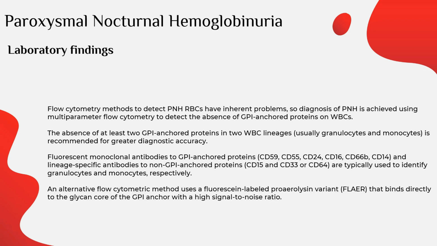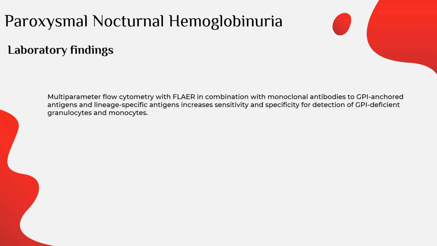An alternative flow cytometric method uses a fluorescein-labeled proaerolysin variant, FLAER, that binds directly to the glycan core of the GPI anchor with a high signal-to-noise ratio. The absence of binding on granulocytes and/or monocytes indicates GPI deficiency. Multiparameter flow cytometry with FLAER in combination with monoclonal antibodies to GPI-anchored antigens and lineage-specific antigens increases sensitivity and specificity for detection of GPI-deficient granulocytes and monocytes.